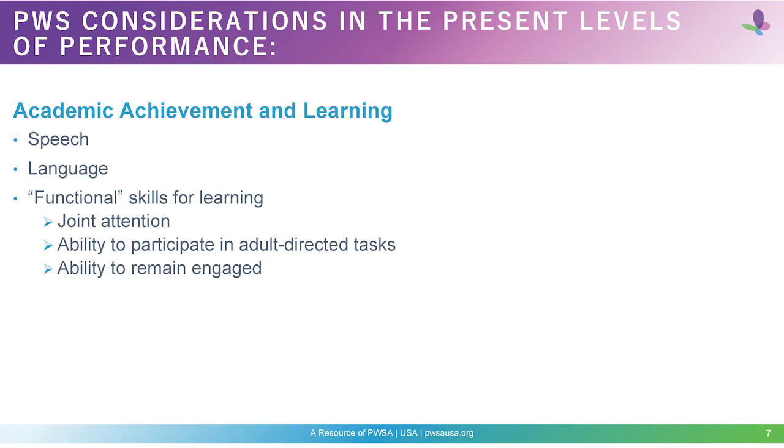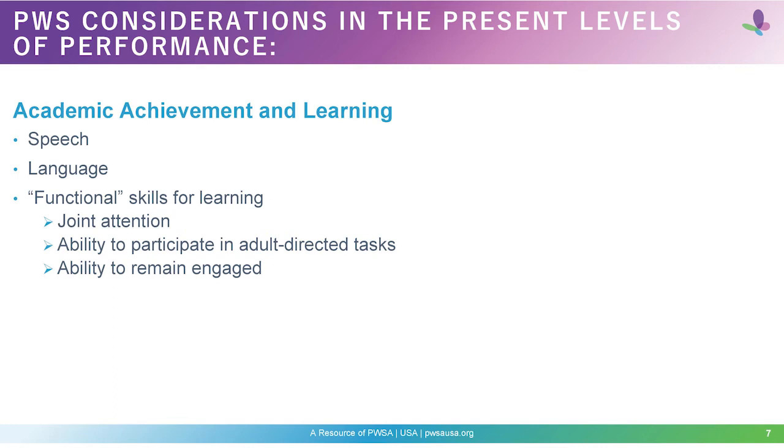So moving forward, just to talk about the different Prader-Willi considerations. The academic levels are, in a lot of respects, pretty straightforward. There's not necessarily a ton of Prader-Willi specific issues here.